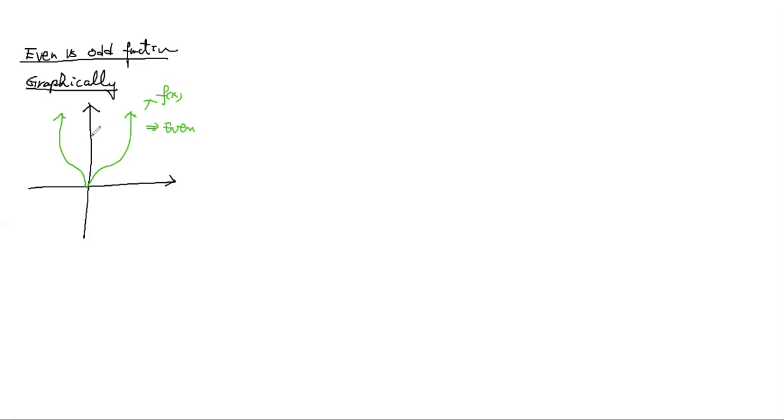Why do I say this is even? Because it is symmetric to the y-axis. That means if you fold it, the two sides will be the same. The y-axis is like a mirror here.